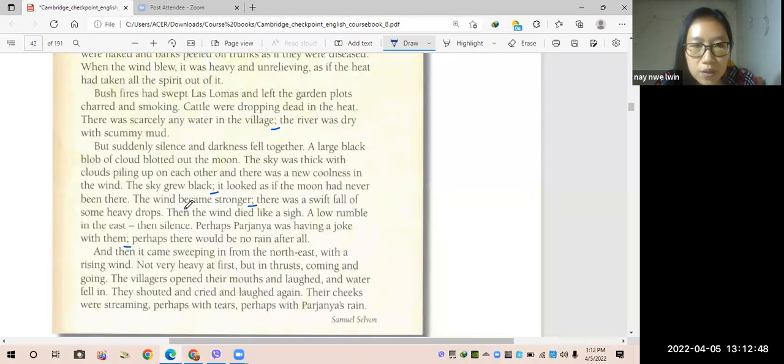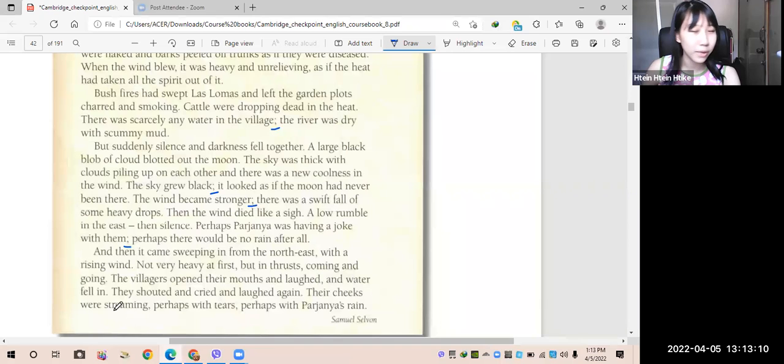How about this one? "The wind began stronger; there was a swift fall of some heavy drops." How about this one? Do we have to use a comma, full stop, or connecting words? Full stop or comma?